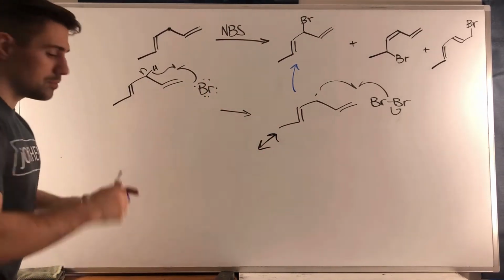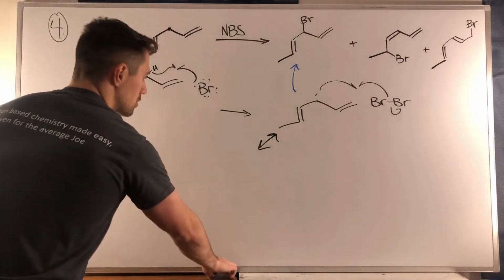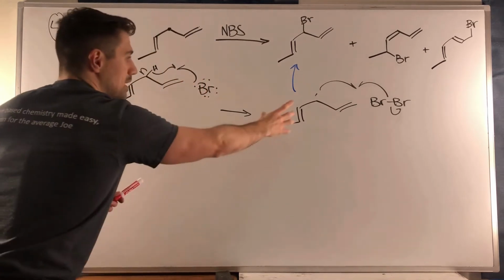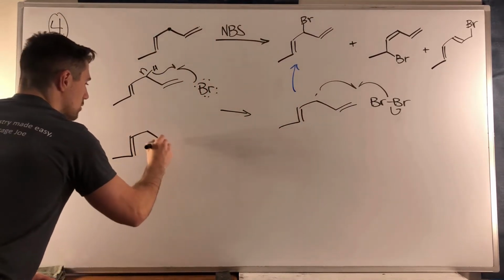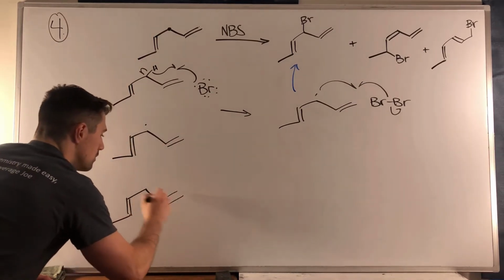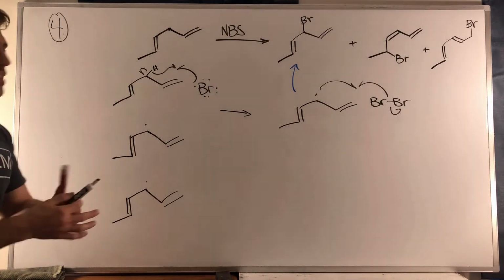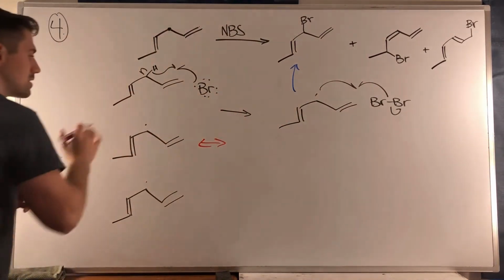I'll do this in red. We could do 2 different, actually, what I'm going to do is redraw that radical structure right here, and I'm going to redraw it right here to explain the resonance and the reactions we get. So this is just resonance where I took this structure and redrew it down here.